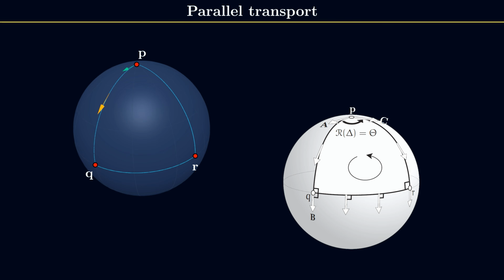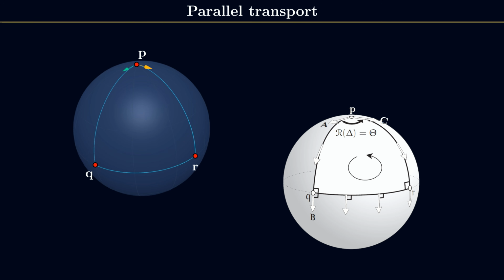However, if the space is curved, the situation changes fundamentally. During parallel transport along two different paths connecting the exact same points, we will, generally speaking, obtain different final vectors. This fundamental phenomenon is called holonomy.